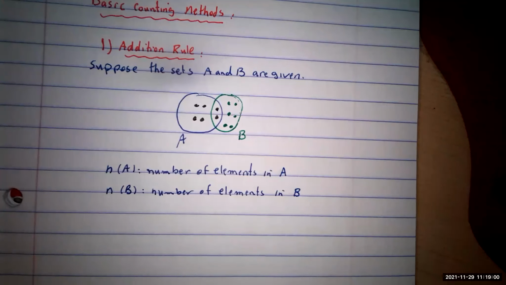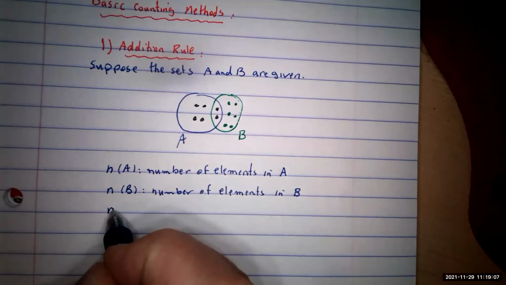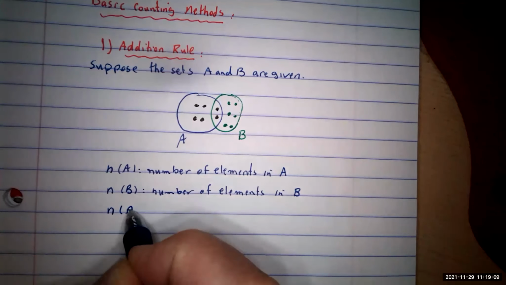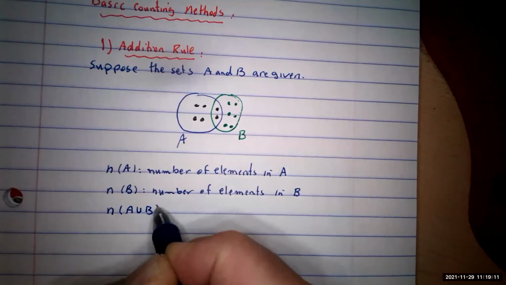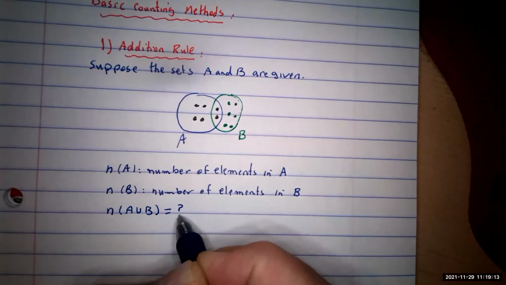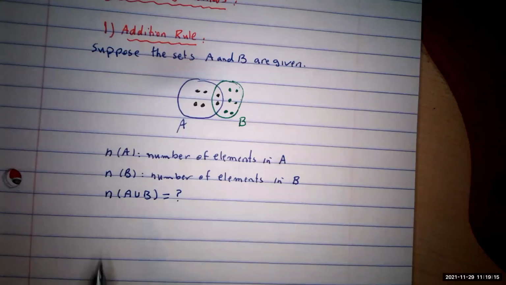So what we are interested in, we want to know the number of elements in A union B. That's the one that we're going to be interested in. A union B, you know that: the members in A or B or in both of them. How do we get this number?